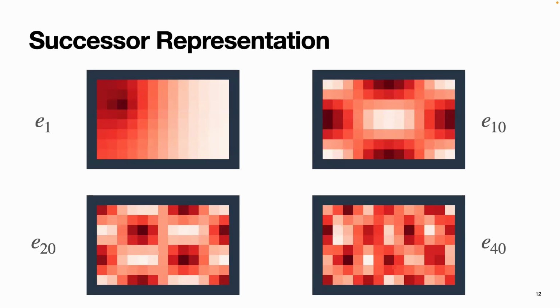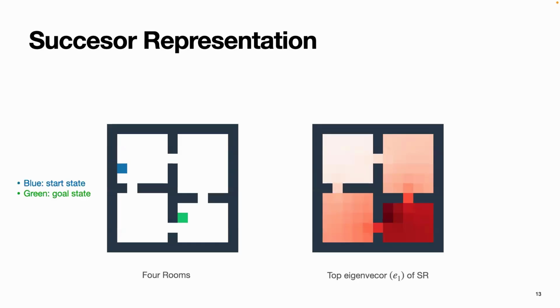And we can see here that when the index is increasing, meaning that the eigenvalue is decreasing, we have a higher frequency in the eigenvector. And generally, when you have a larger eigenvalue, it is smoother. And it very nicely captures the structure of the environment.